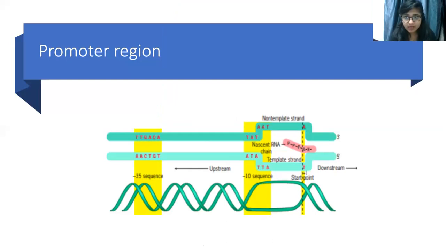Every living organism has a promoter region for its transcription process, and this promoter region has different kinds of nucleotides. But apart from the different kinds of nucleotides, it has some similar nucleotides which the promoter region has in each and every living organism of a particular species. Okay, these are called the consensus sequence.